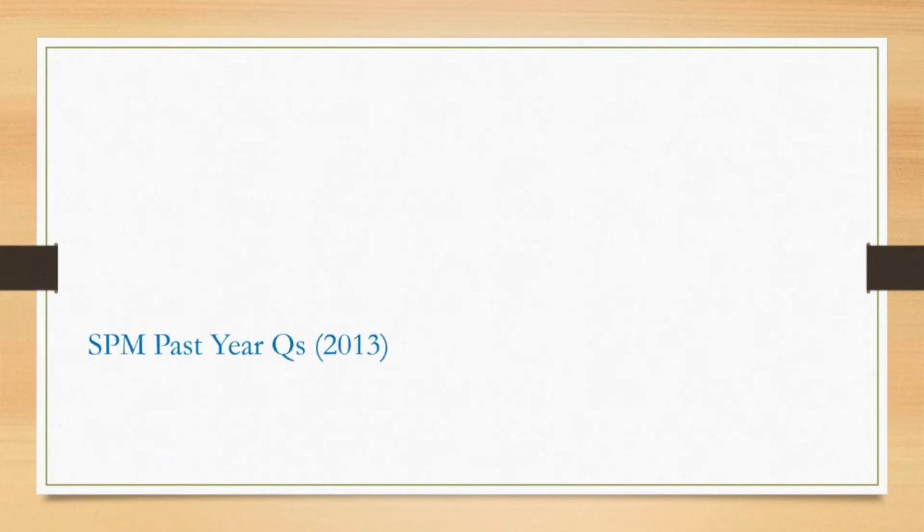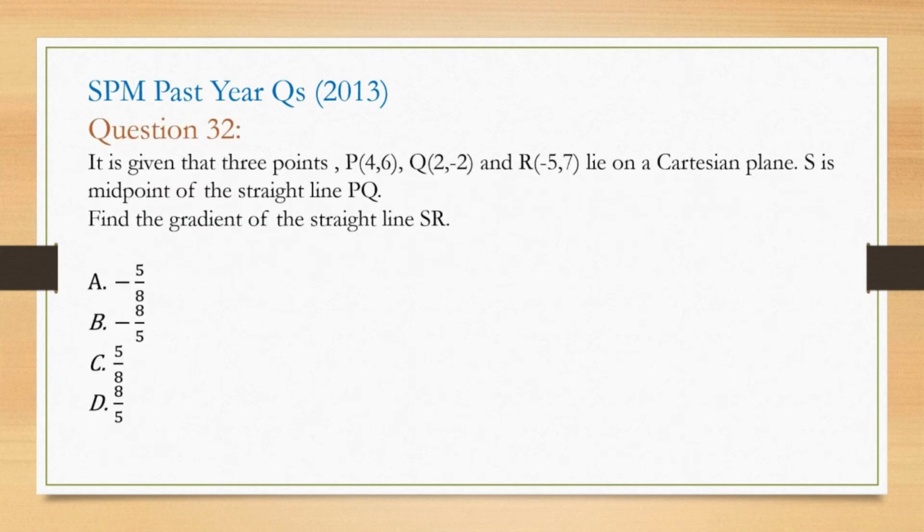Let's study our last question, which is from SPM past year 2013. It is given that 3 points P, Q, and R lie on the Cartesian plane. S is the midpoint of the straight line PQ.